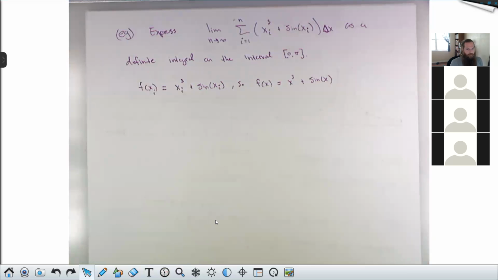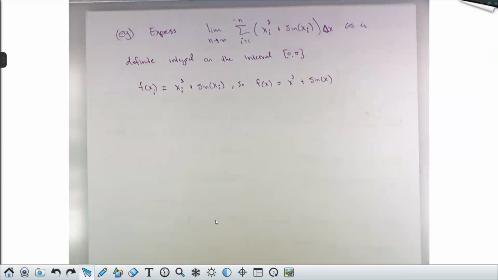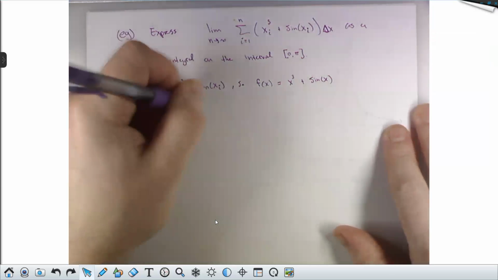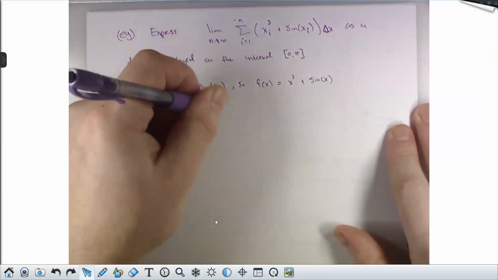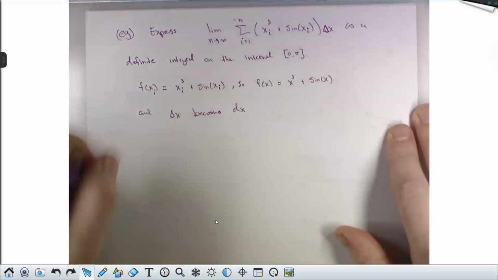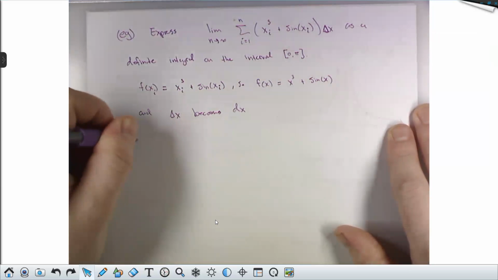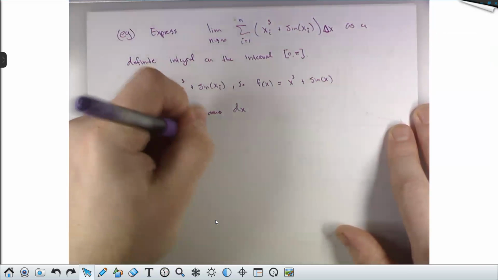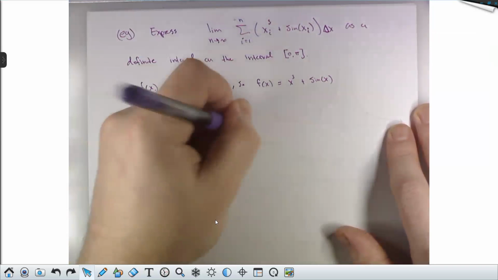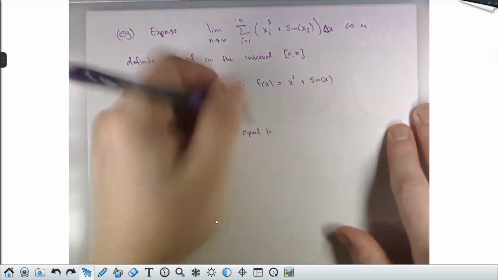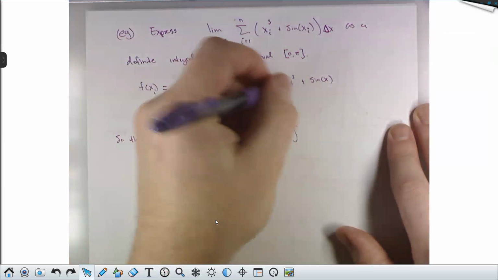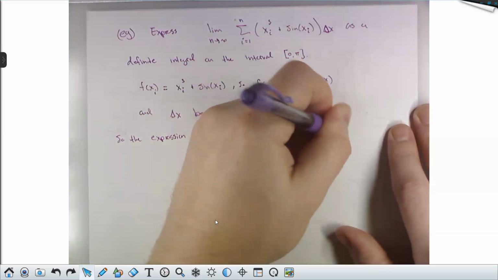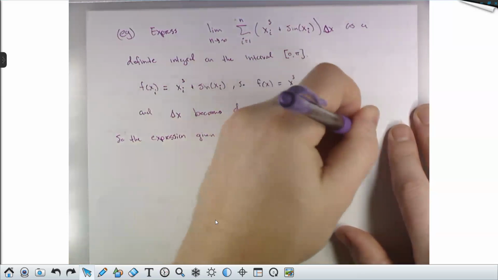And of course, the delta x becomes dx. So the expression given is equal to the integral of f of x, which is x cubed plus the sine of x, dx.